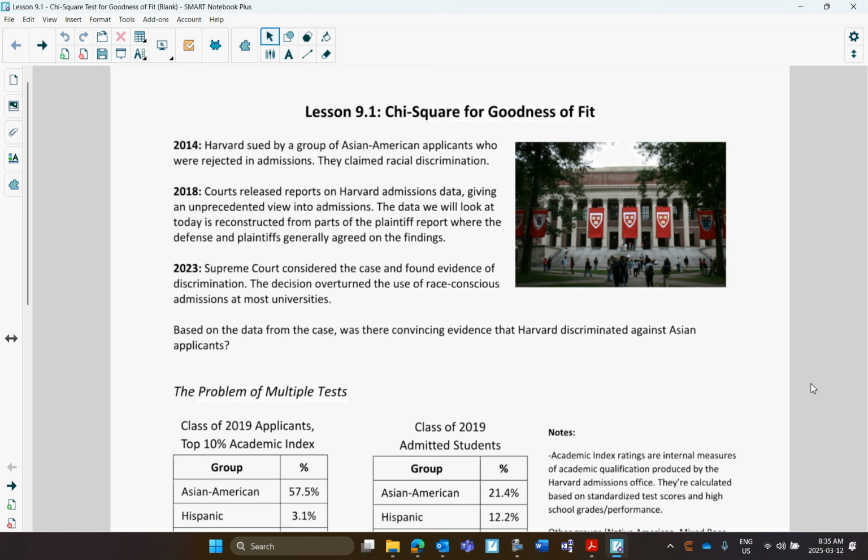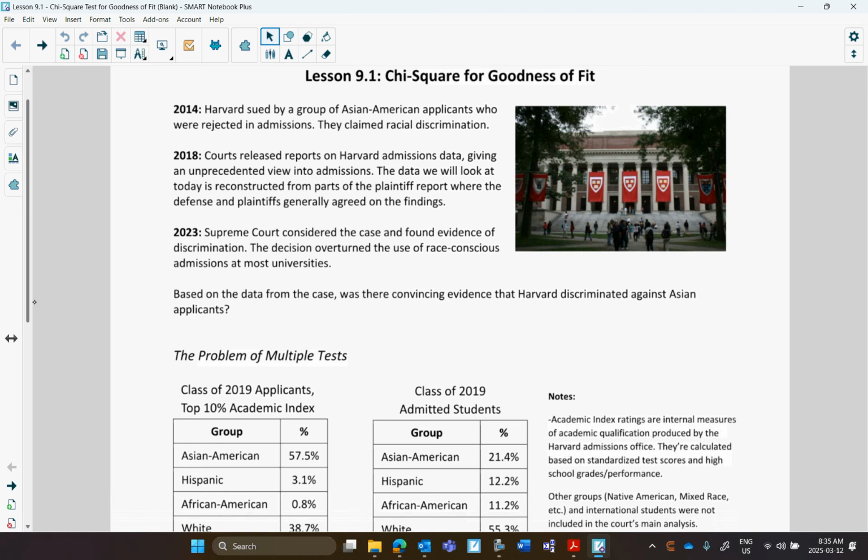The example we're going to use is that in 2014, Harvard was sued by a group of Asian American applicants who were rejected in admissions, and they claimed that there was racial discrimination. In 2018, the courts released reports on Harvard admissions data, which is something, because these elite private schools in the States don't release data to the public.